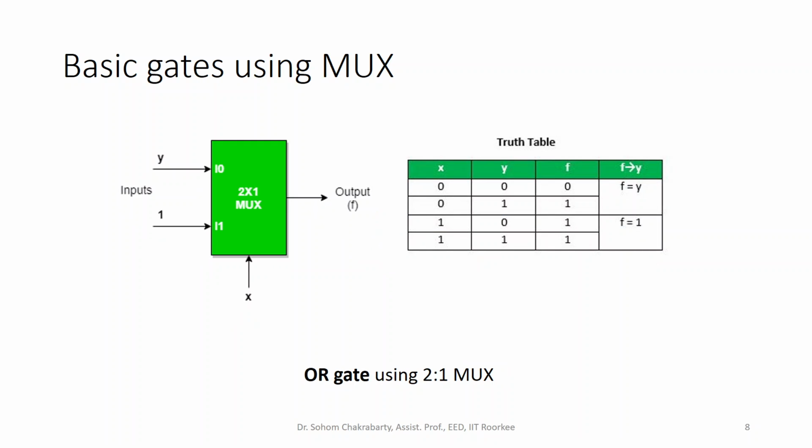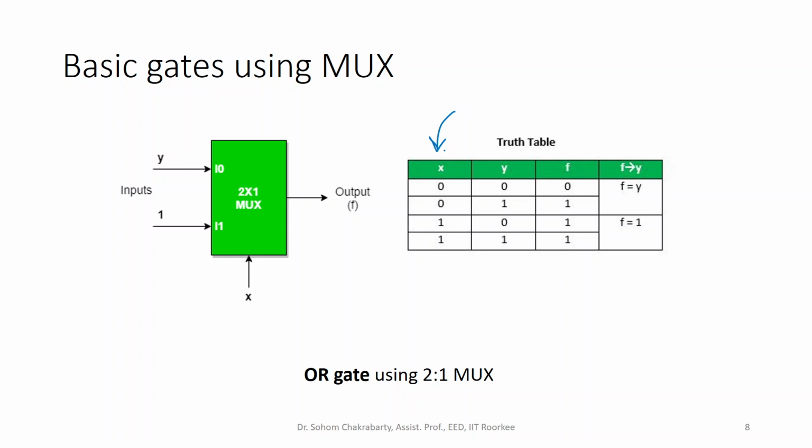Similarly, you look at the OR gate. First you look at the truth table. What we are doing here is also important to understand, because this will be utilized in the next lecture. We are trying to segregate the truth table into parts in such a way that we can utilize the MSB of a particular function word. Here it is only a 2-bit function.